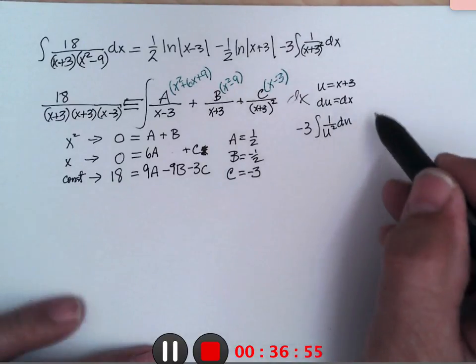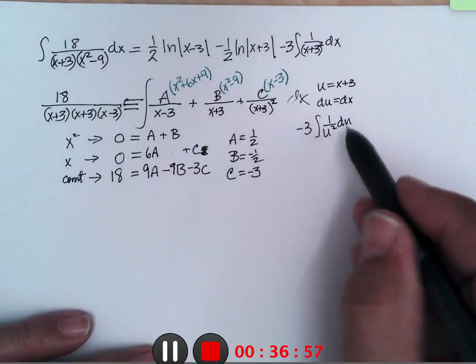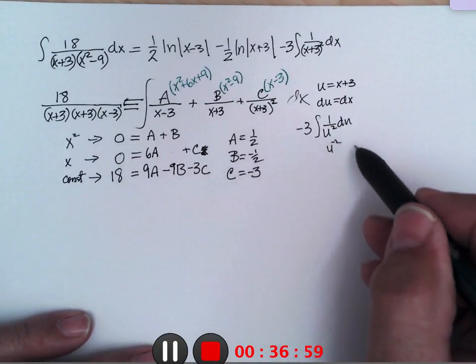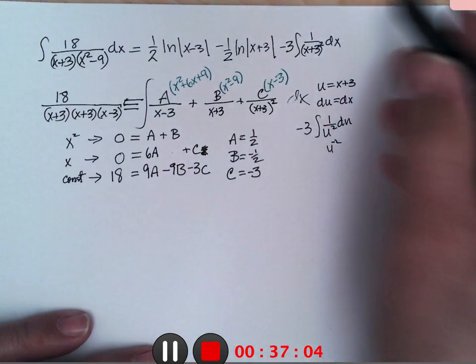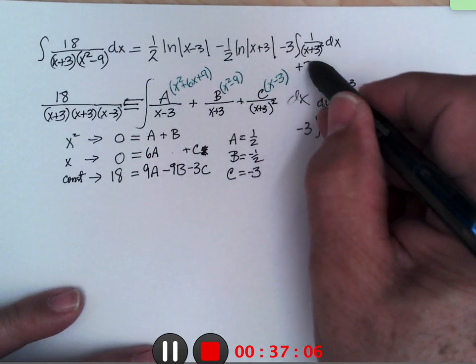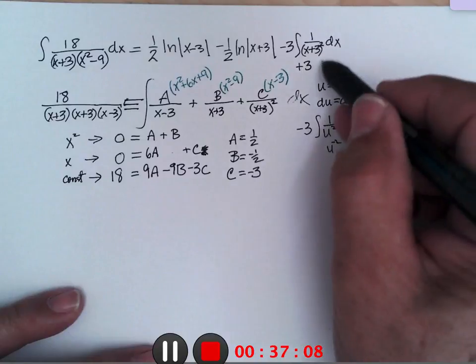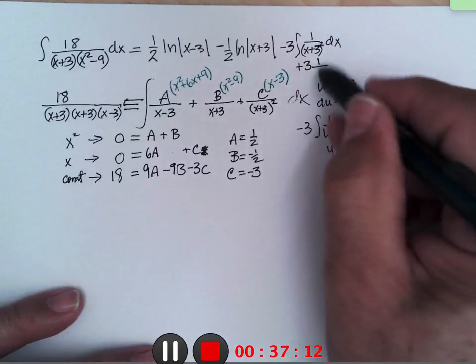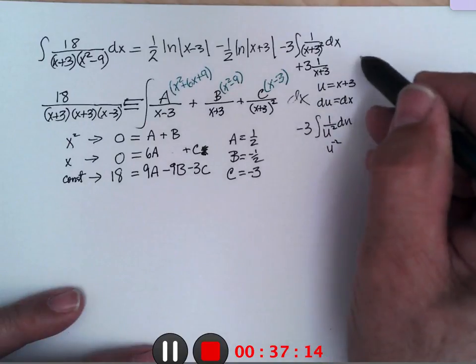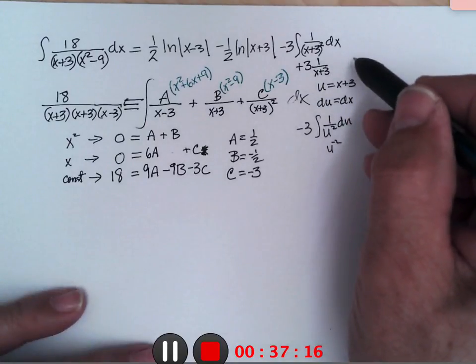Well, 1 over u squared is u to the minus 2. If I integrate that, I add 1, I get minus 1, and divide by minus 1. So it'll become a plus 3 times 1 over u, and u is x plus 3, and that would be it, plus c.